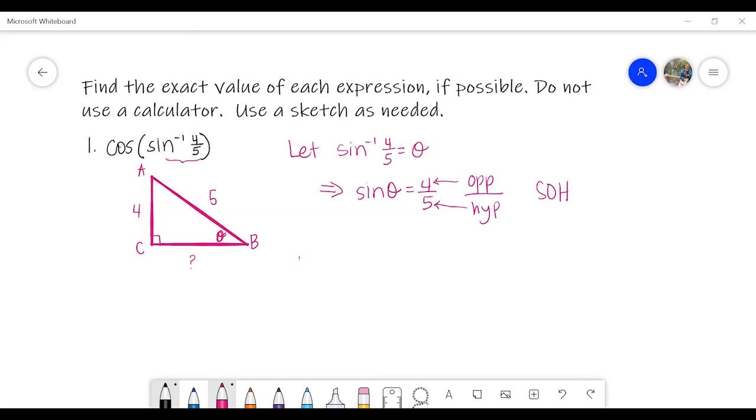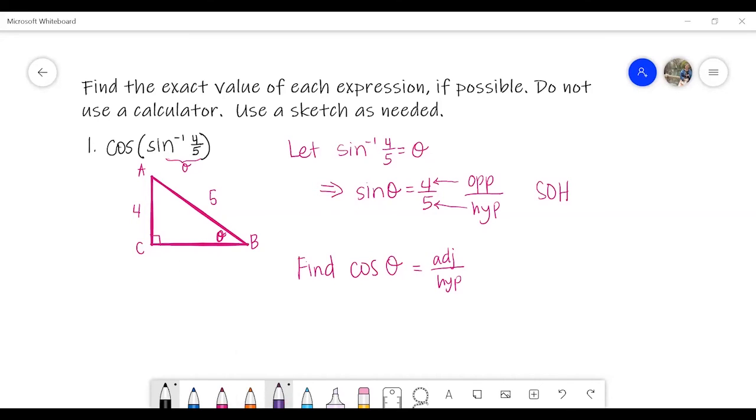Now we want to find cosine of theta, again replacing that with the angle. To find cosine of theta, we need adjacent over the hypotenuse. So we do need to find that mystery side. Let's take a moment and do that.